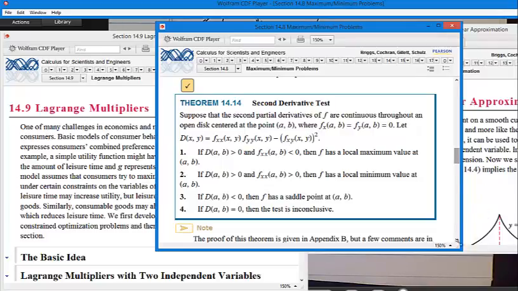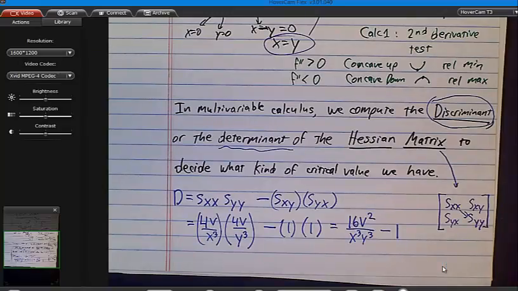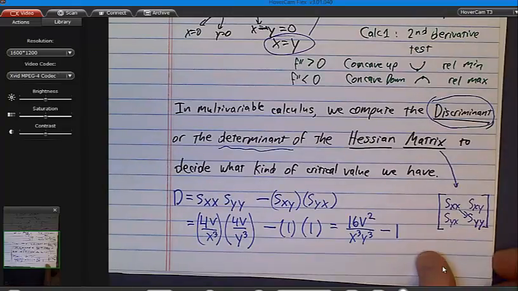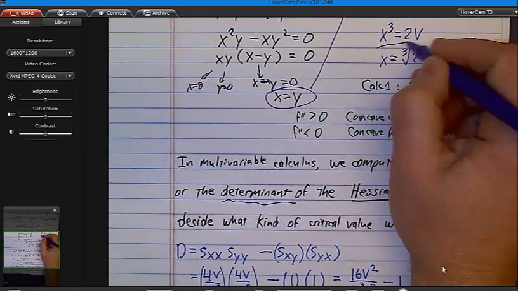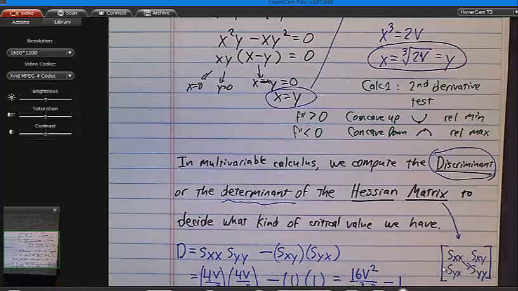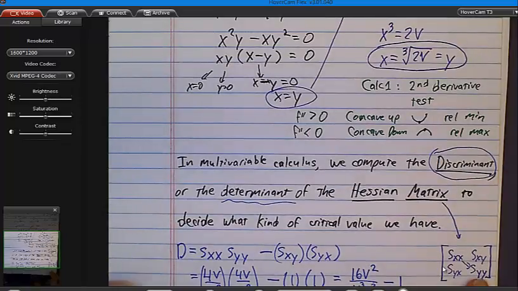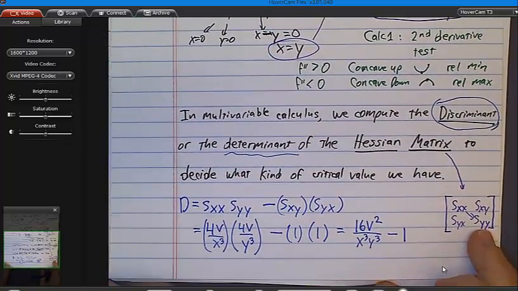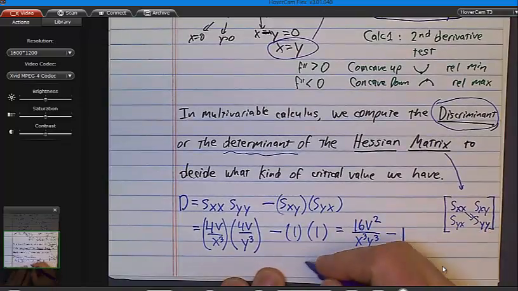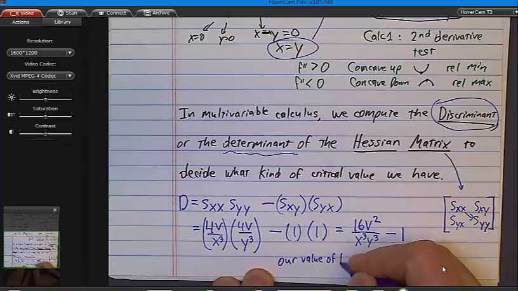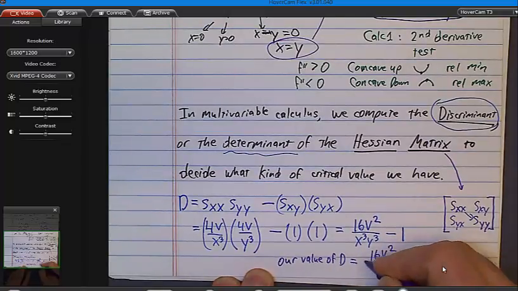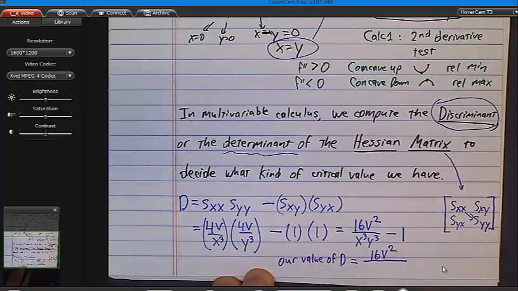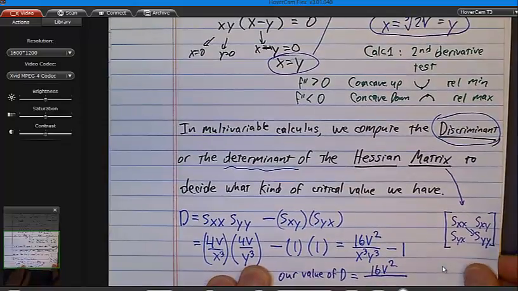In our problem, what did we say the critical value was? Oh yeah, I have it up here. In purple, I have x and y are both equal to the cube root of 2v, right? So what I can do is plug that into my formula, and I can say our value of D is 16v squared over, now when I cube the cube root, it goes away, right?